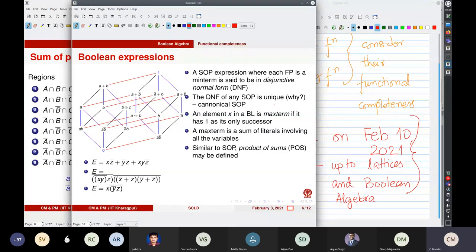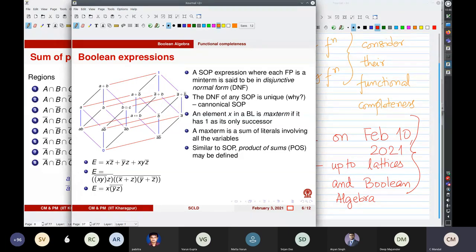So similar to that, you can also think of a product of sums. If you look at this lattice, this is a very symmetric structure.